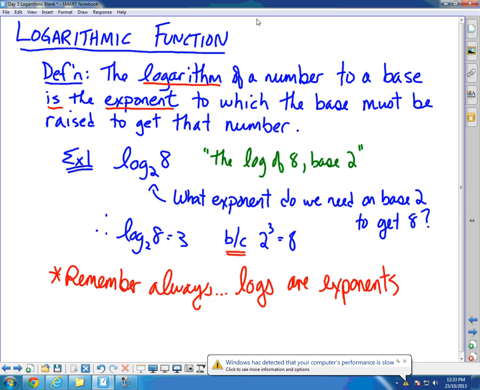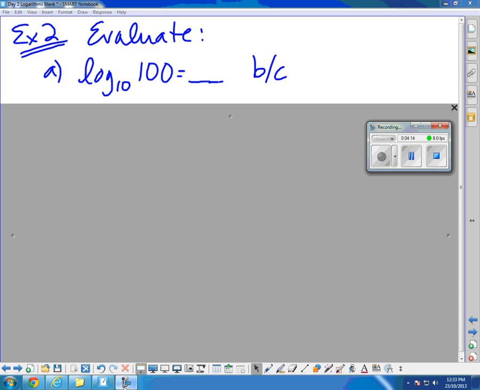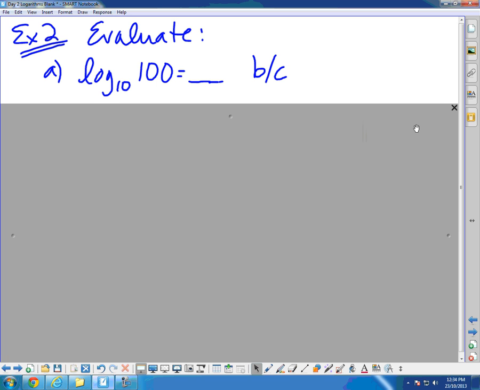Okay, so let's run through a couple examples. So in example 2 here, I've just asked you to evaluate the logarithm. Okay, so in the first one, this says log 100 base 10.